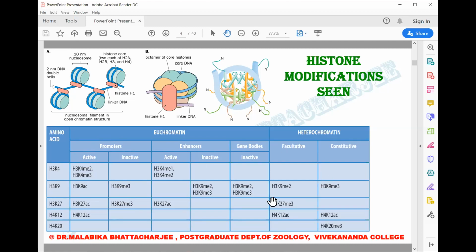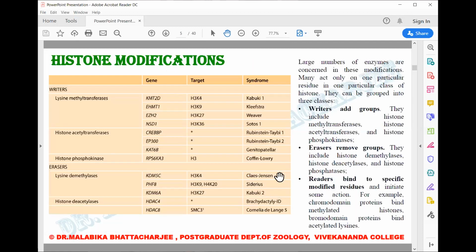So these are the various modifications observed, and we also discussed that there are enzymes which are responsible for modifying the histone molecules or the DNA molecules. So as you can see by the name, lysine methyl transferase.